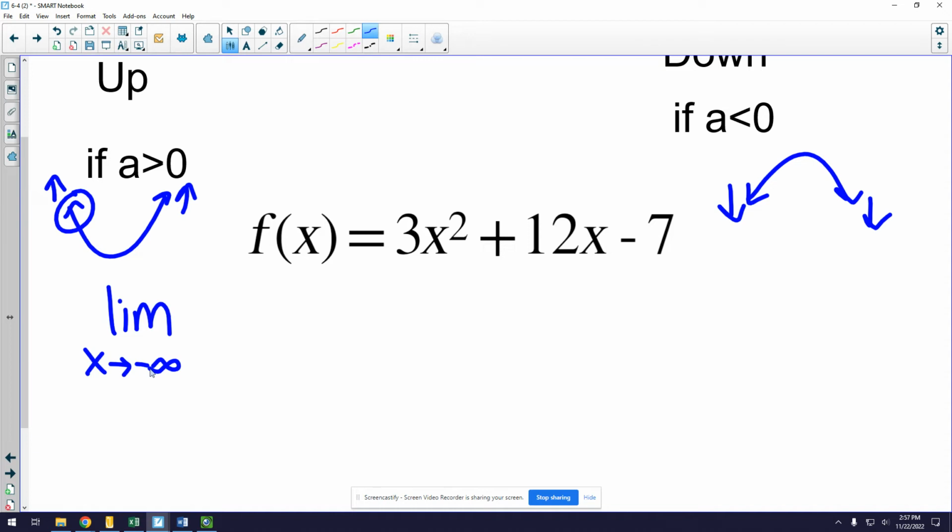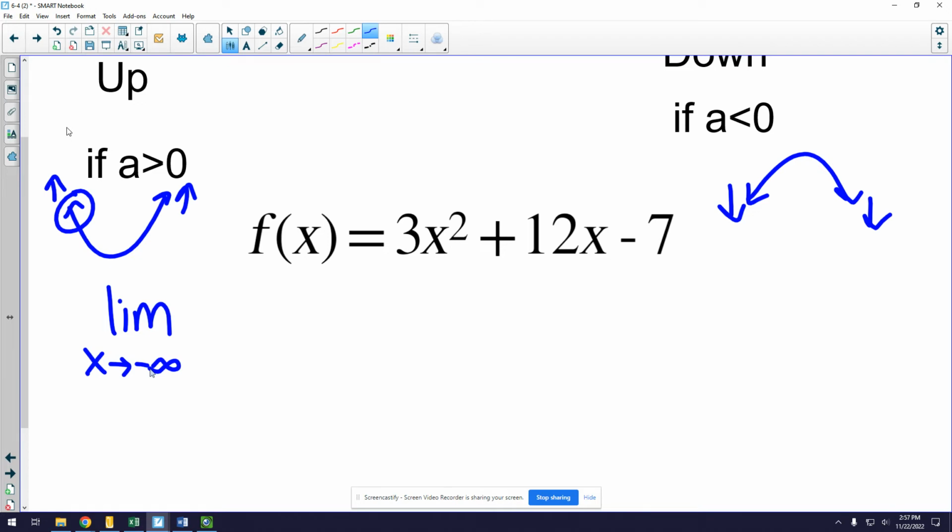Now, if my graph opens up, as my x's are going to negative infinity, that's going to the left. If your x goes to negative infinity on a graph, that's going in a left direction. If my graph opens up, then as I'm going to the left, I'm going up.